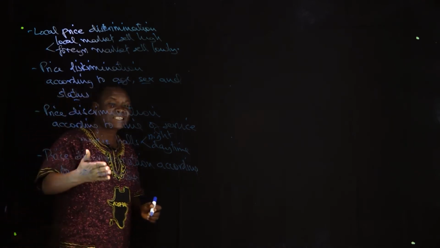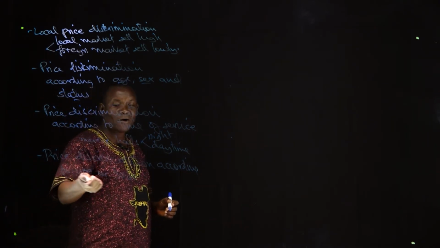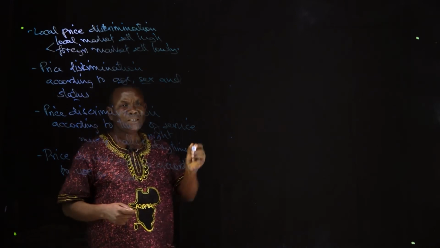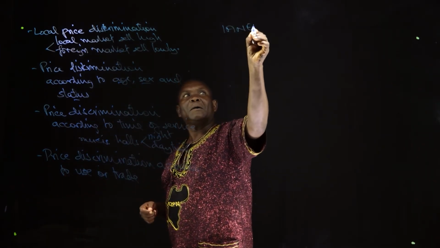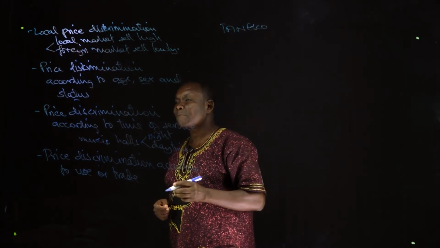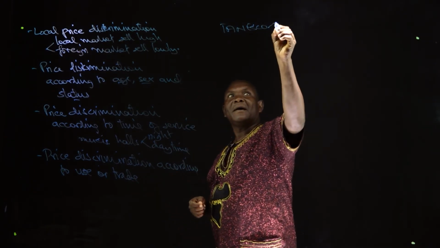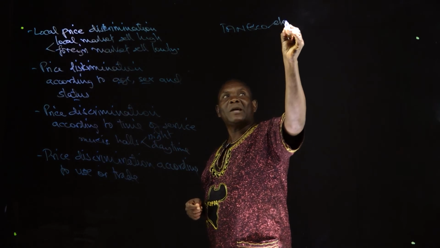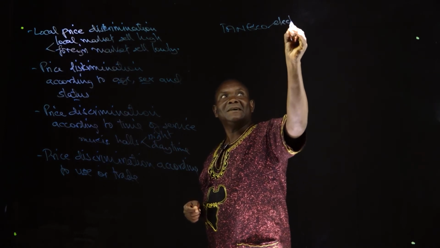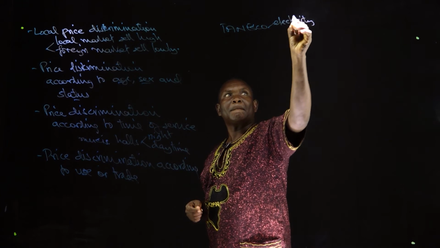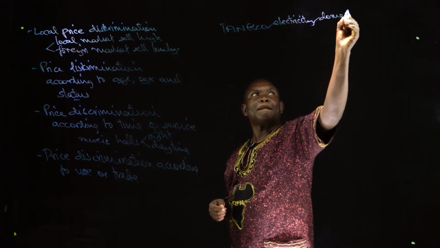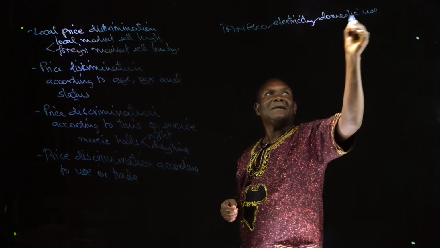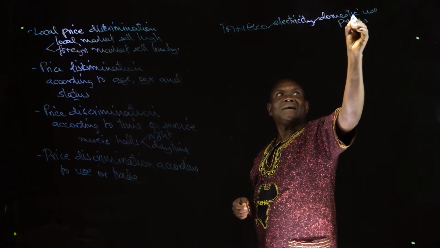You can have price discrimination according to use or according to trade. We have, for instance, TANESCO, which sells electricity. For domestic use, prices are high.